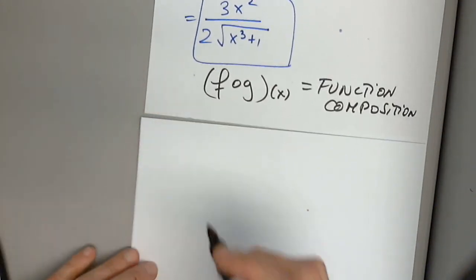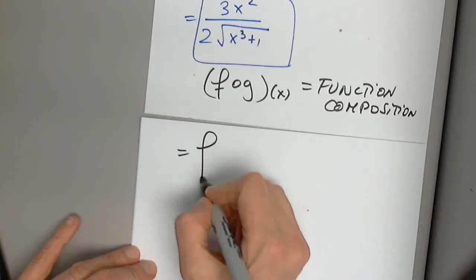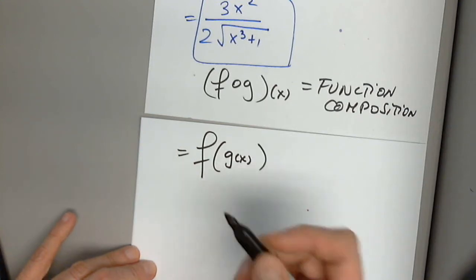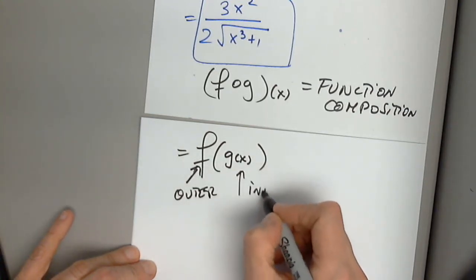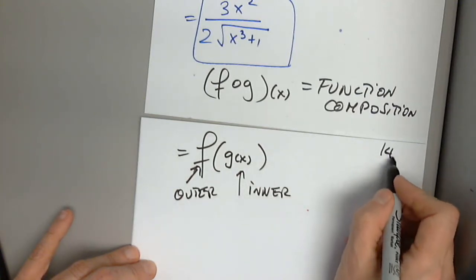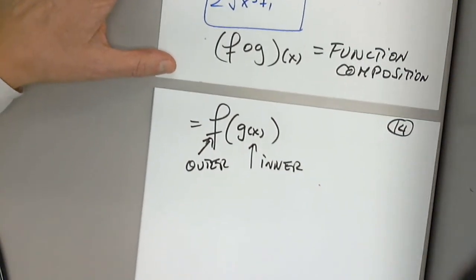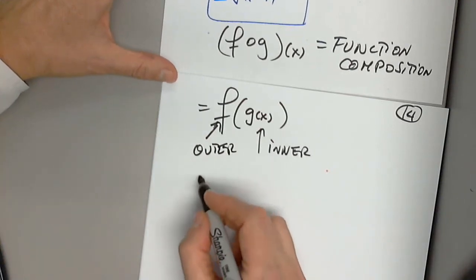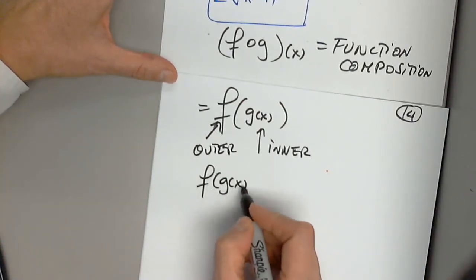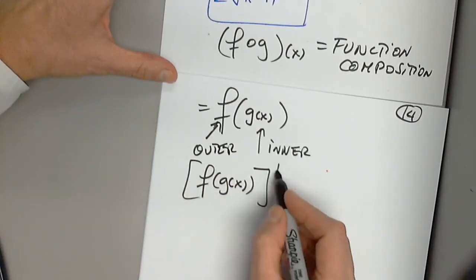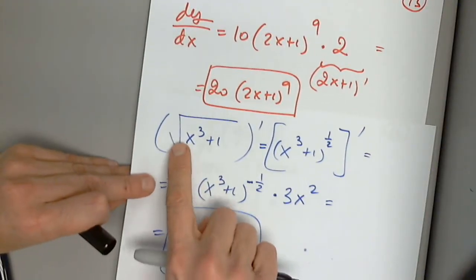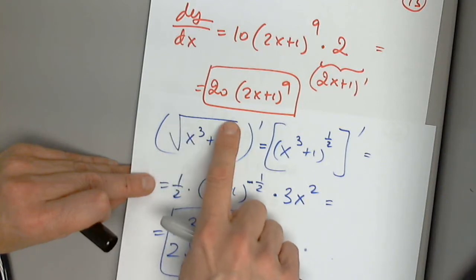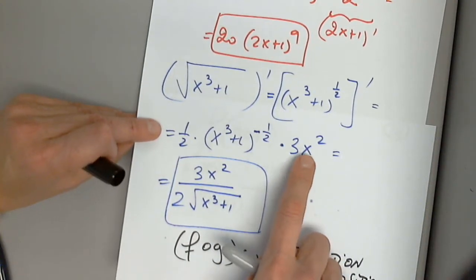Very good, awesome. Because this is f of g of x, where f is the outer and g is the inner. So here's the chain rule. When we differentiate f of g of x, we already used this. Can anyone tell me what to write? Remember, we differentiated the outer function first, and then we multiply by the inner function prime.